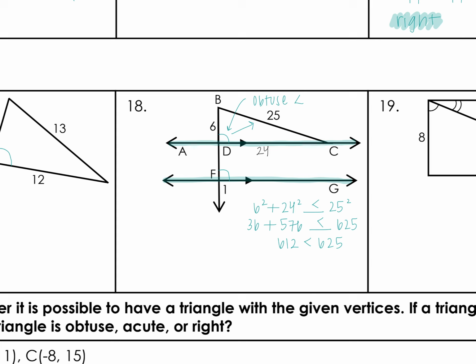Okay, so that means that this angle next to my angle 1 is going to be an obtuse angle as well, which, since these are forming a linear pair, a straight line, when we take that 180 and we subtract anything greater than that 90 from it, then we're going to be left with a number less than 90. And so that means that my answer is an acute angle.